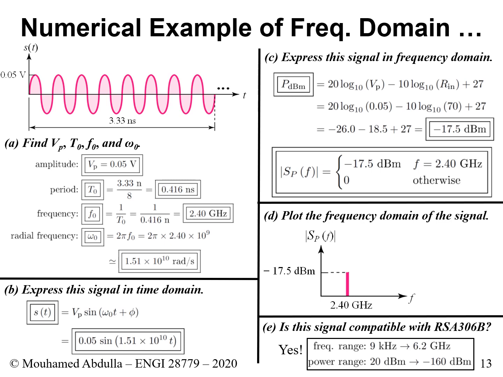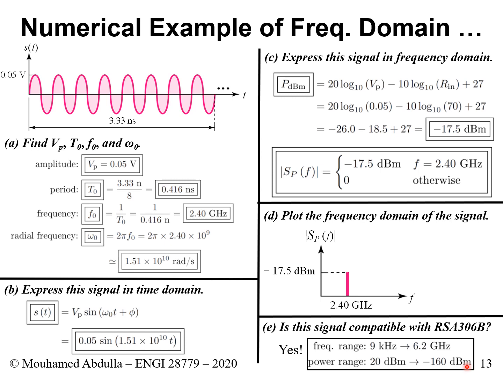The reason is that if you look at the data sheet for the Tektronix spectrum analyzer, the one that we are using that we connect with the USB, the frequency range is from 9 kilohertz to 6.2 gigahertz. I think I told you that before. And the power range is anywhere from 20 dBm to minus 160 dBm.